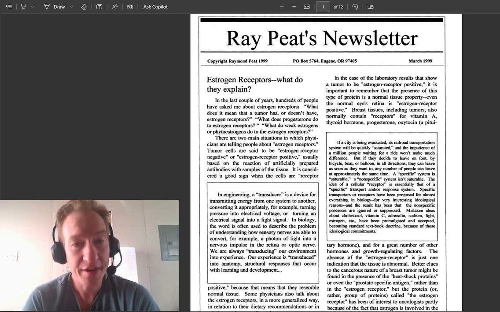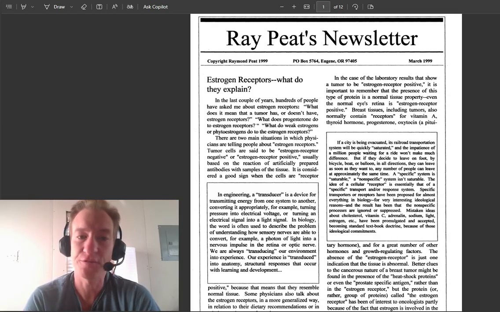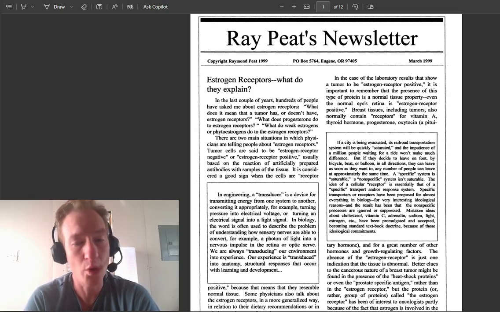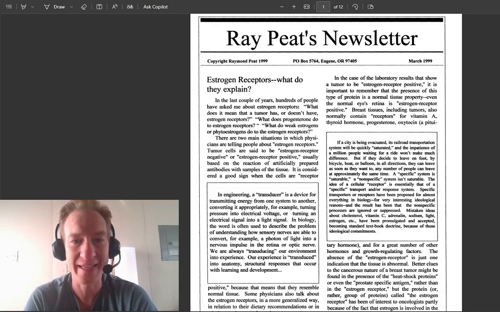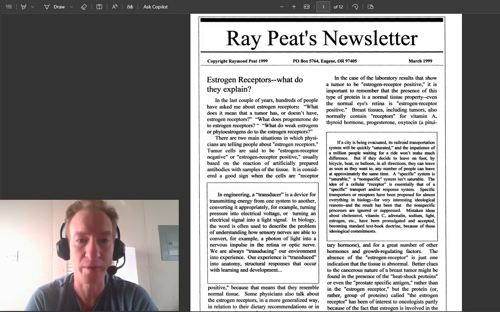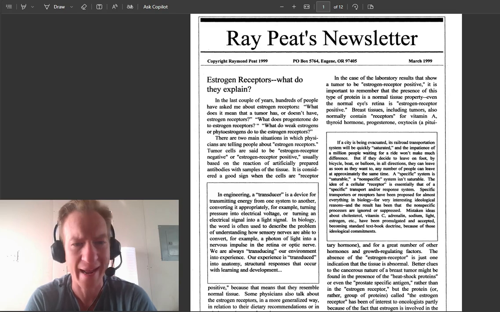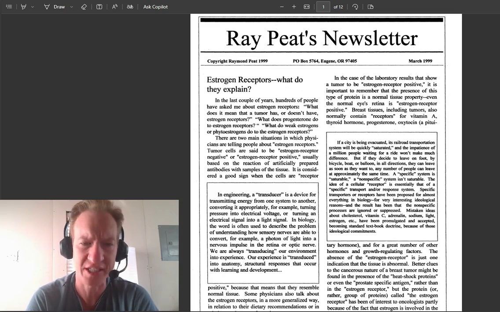Okay. There are two main situations in which physicians are telling people about quote-unquote estrogen receptors. Tumor cells are said to be estrogen receptor negative or estrogen receptor positive, usually based on the reaction of artificially prepared antibodies with samples of the tissue.